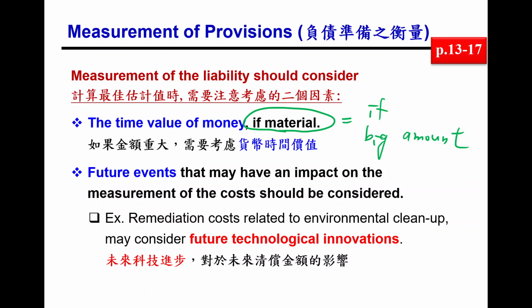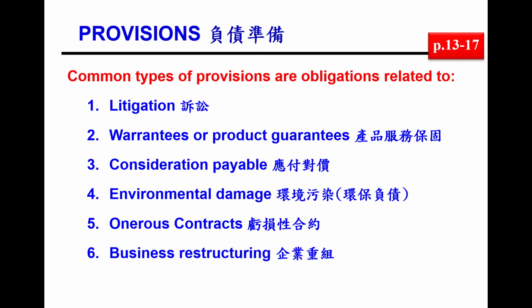So in the future, maybe right now we have to spend $100 to repair, for example, your cell phone. Maybe after 10 years, we will spend less money to repair your cell phone. Like we have AI, we have ChatGPT, we have more advanced technologies. So the money we have to spend in the future may be less than the money today, right? So if you could think about this, it's still a factor you could consider.